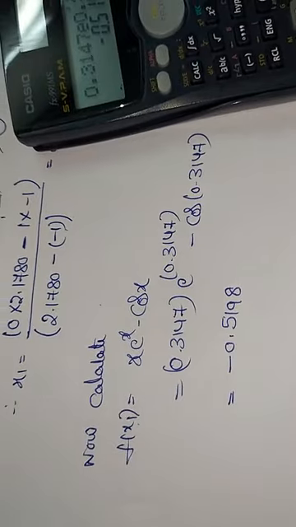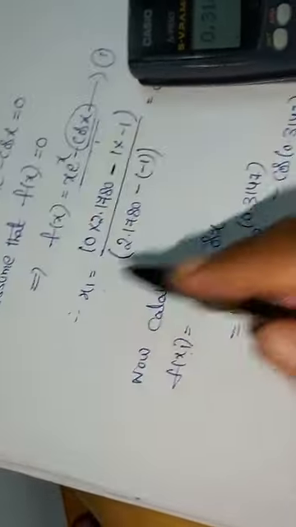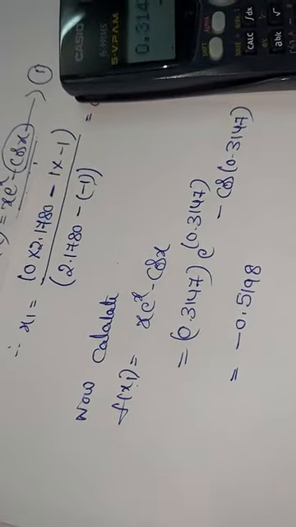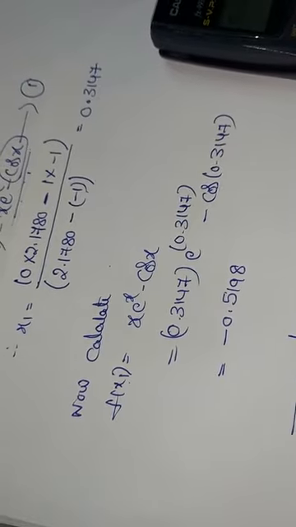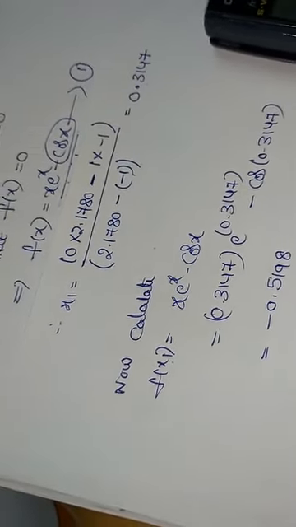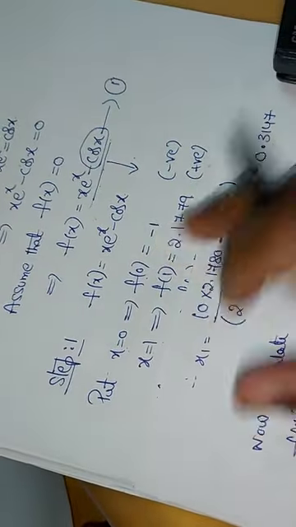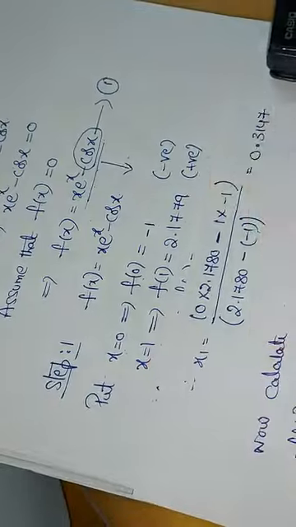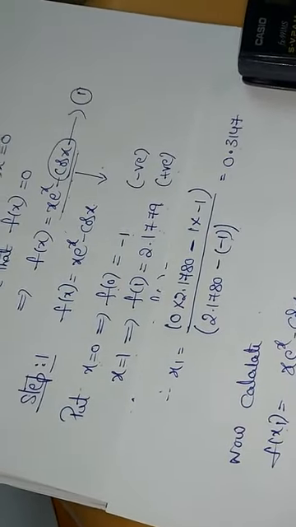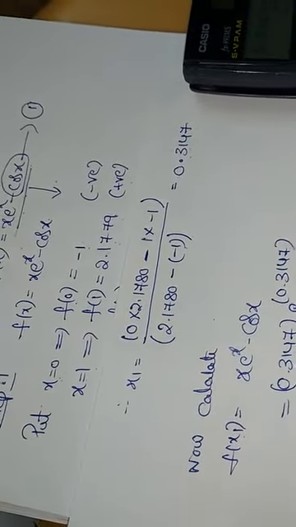So this is the value of A, which is 0. This is the value of B, that is 1. In between we have x1, whose value is 0.3147. If we observe, for A equal to 0 we get a negative value, for B equal to 1 we get a positive value, and for 0.3147 we get a negative value.